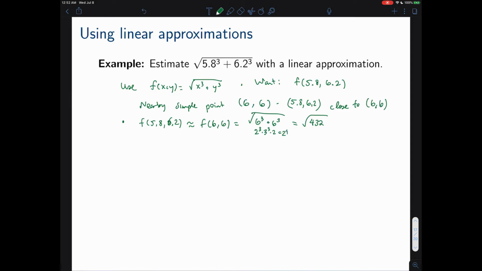So I have 2 to the 4th times 3 cubed, and the square root of that would be 4 times 3 times square root of 3. 12 square root of 3. Right, the square root of 2 to the 4th is 2 squared, so I have a 4, and the square root of 3 cubed would be 3, so 4 times 3 makes 12, but there's one 3 left over, square root of 3. And sure, I have a nearby point, I get a nearby value, but maybe we can do better.